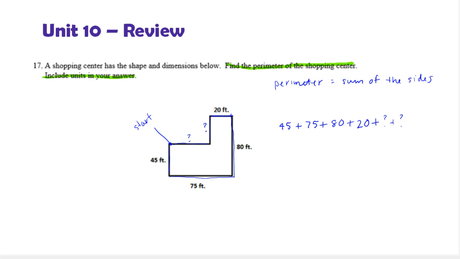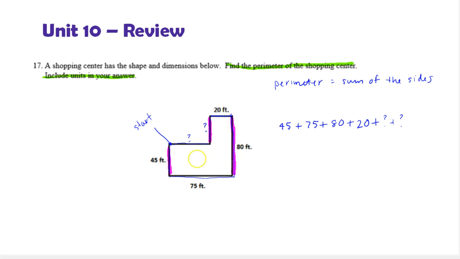So let's start with this side. Now we're going to use the parallel side. So notice this is 80 feet. This is 45 feet. And if we move this piece over to here, 45 feet plus this amount would have to equal 80 feet. So we can use subtraction to find the difference.